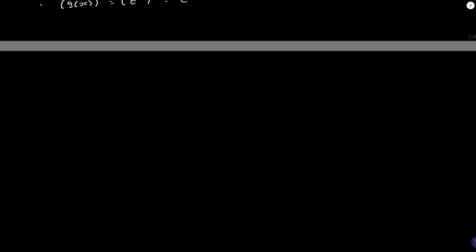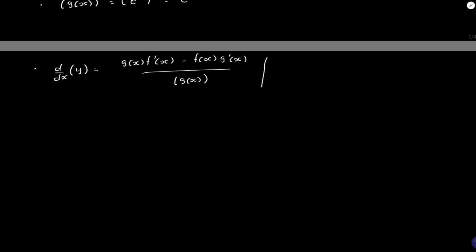So now that we have all the terms, we can simply replace it in the function. We notice that the derivative with respect to x of our function y is the same thing as bottom times derivative of top minus top times derivative of bottom, on bottom squared.